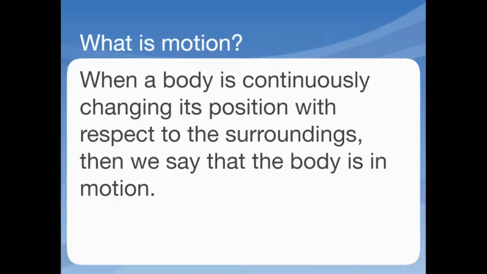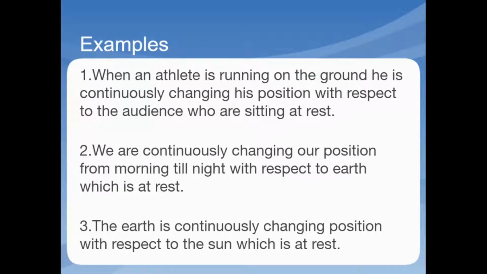So what is motion? Motion is when a body is continuously changing its position with respect to the surroundings. Then we can say that that body is in motion. Some examples of motion are when an athlete is running on the ground. He is continuously changing his position with respect to the audience who are sitting at rest.